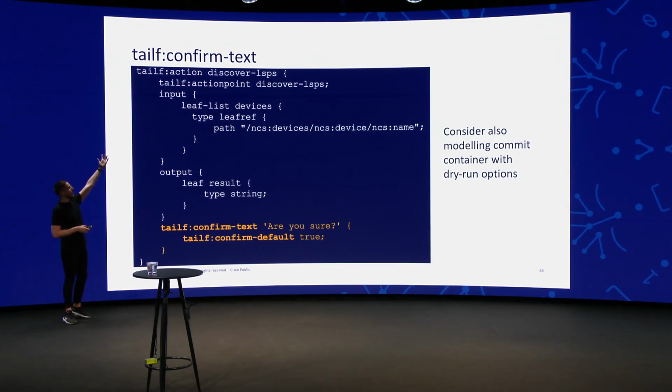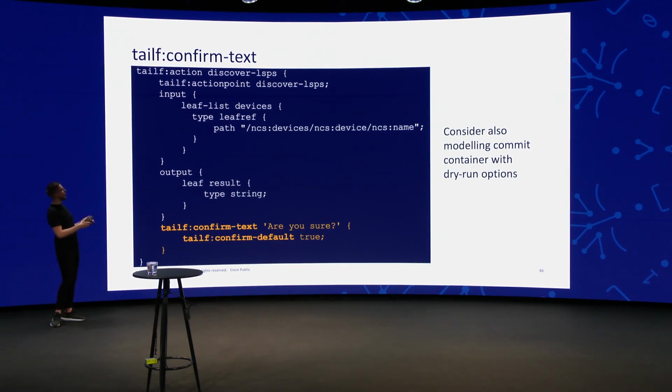So here in these inputs, next to, for example, those devices, model this as a container commit with presence true, and then the options for the dry run, like enum CLI, native, and XML, and then process that inside of your Python logic by using the flags.